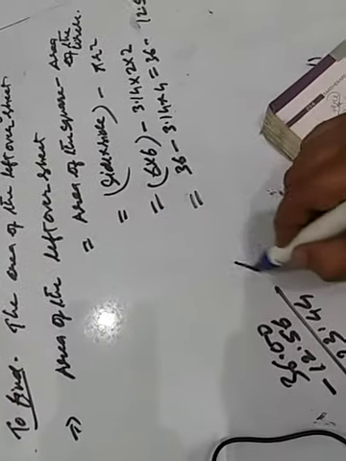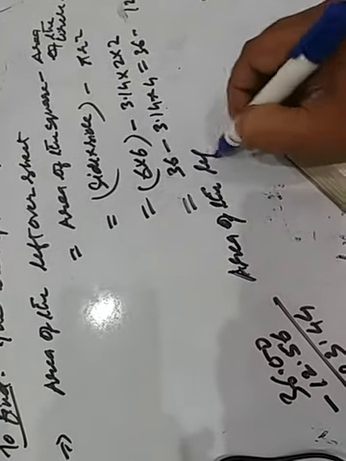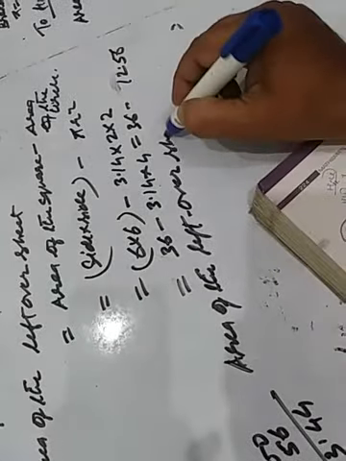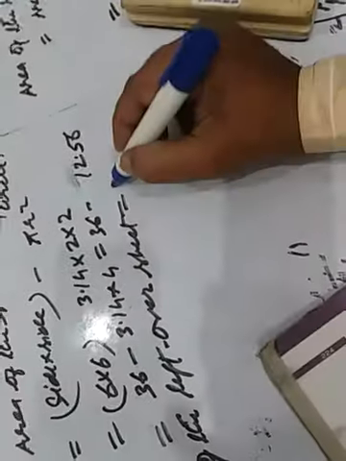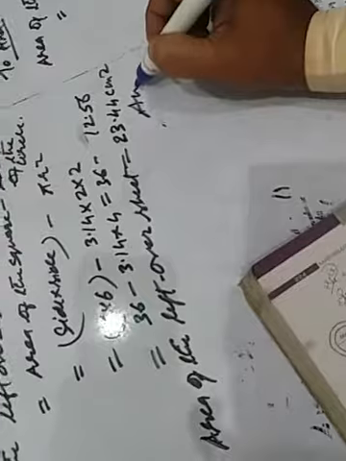Area of the leftover sheet equals 23.44. Okay children, that is 23.44 square centimeter, and this is your answer.